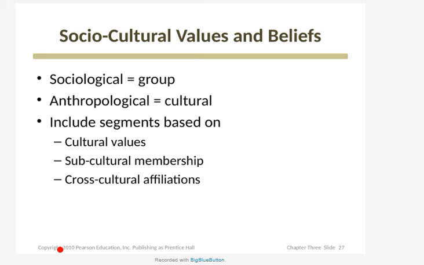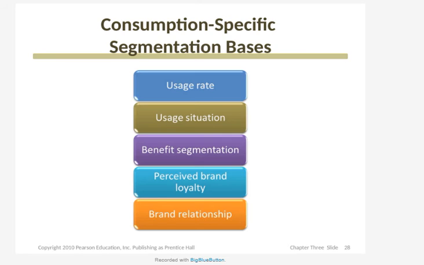Also, in the global world marketeers must think about cross-cultural affiliation. This happens when people are born in one country and living in another country. So it also affects segmentation. This is the socio-cultural values and beliefs.